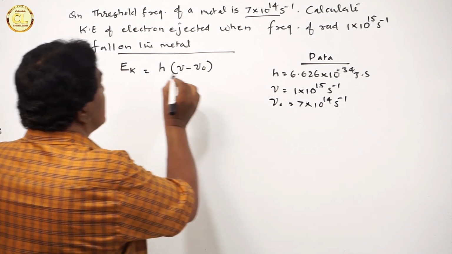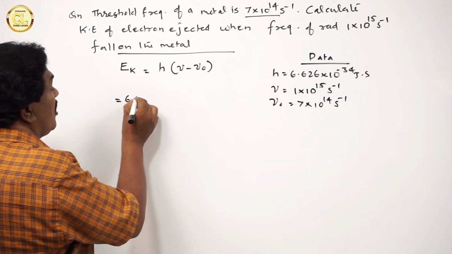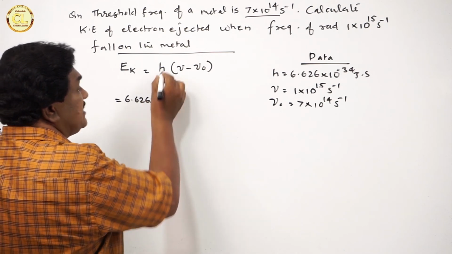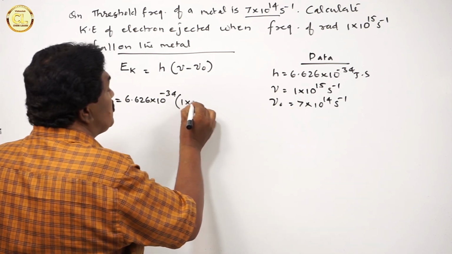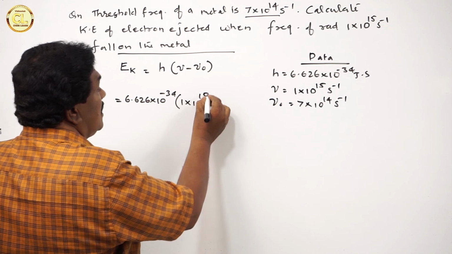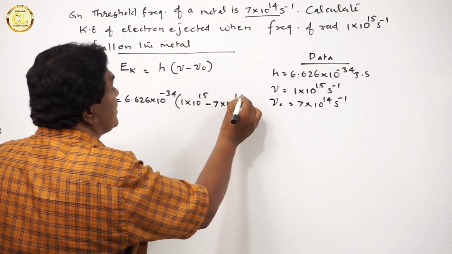Substituting the values in this expression, we get 6.626 into 10 raised to minus 34, that is h, into nu, which is 1 into 10 raised to 15, minus nu zero, which is 7 into 10 raised to 14.